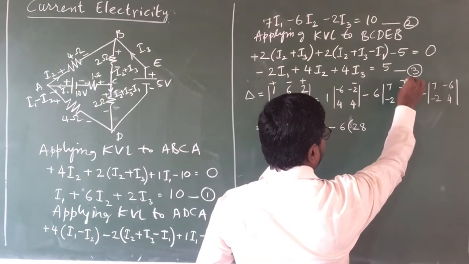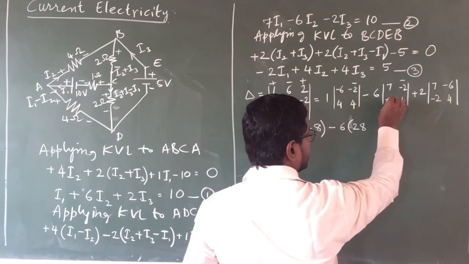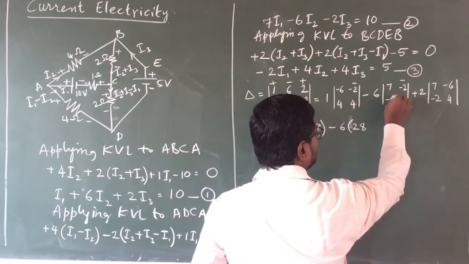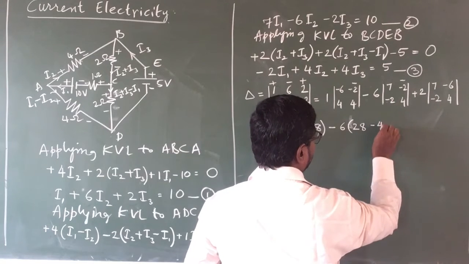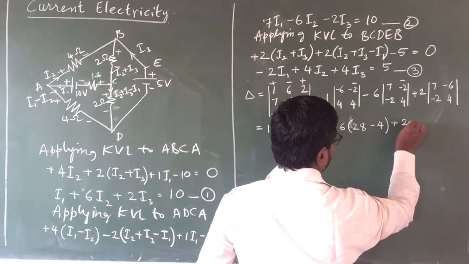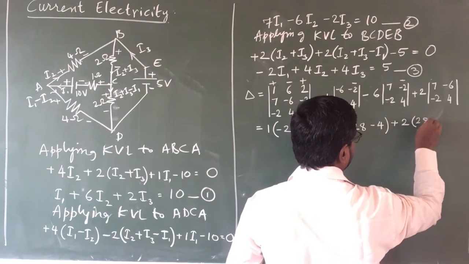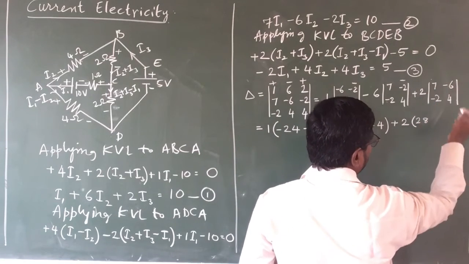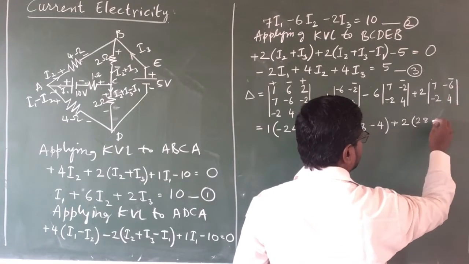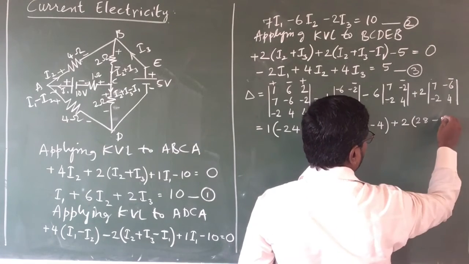This will be minus, minus into minus, plus, plus into minus, again it will be minus. So 2 into 2, 4, so it will be minus 4, plus 2 into primary diagonal 7 into 4, it will be 28. There are again two minus signs that cancel each other, another minus sign, there will be minus. So 6 into 2, it will be 12.